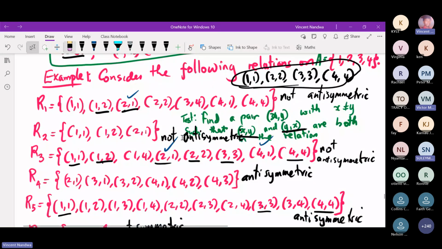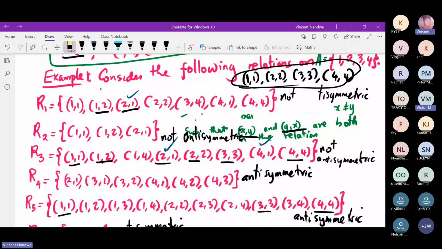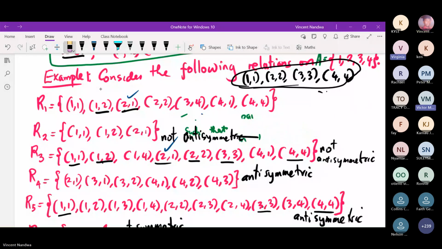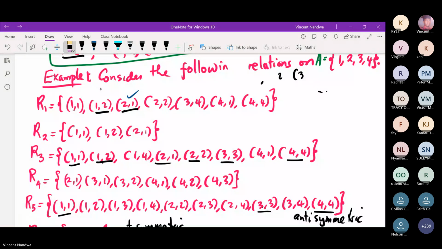So the key thing is, how do you do the classification? What must you check? What should we check for us to classify a relation as transitive or not transitive?